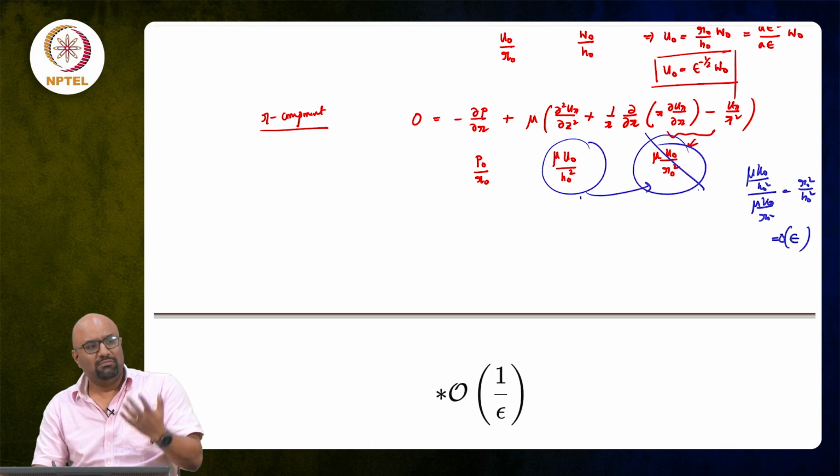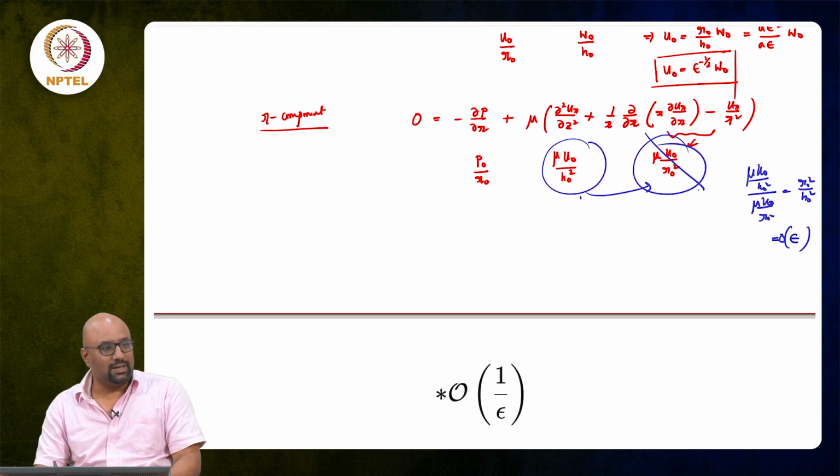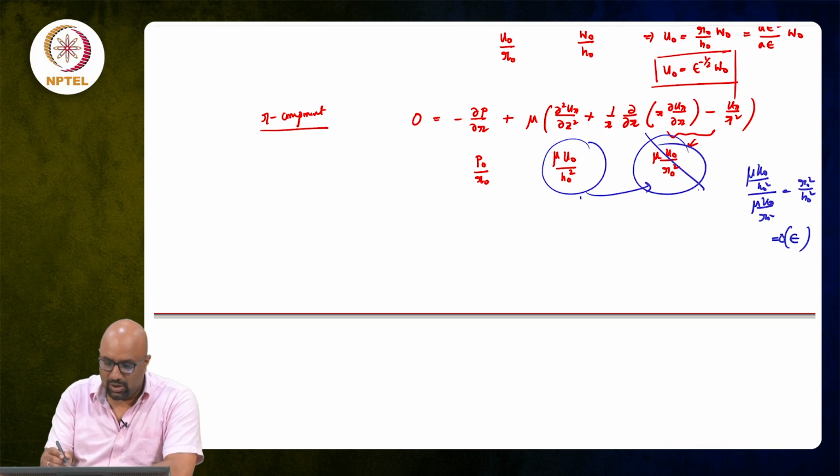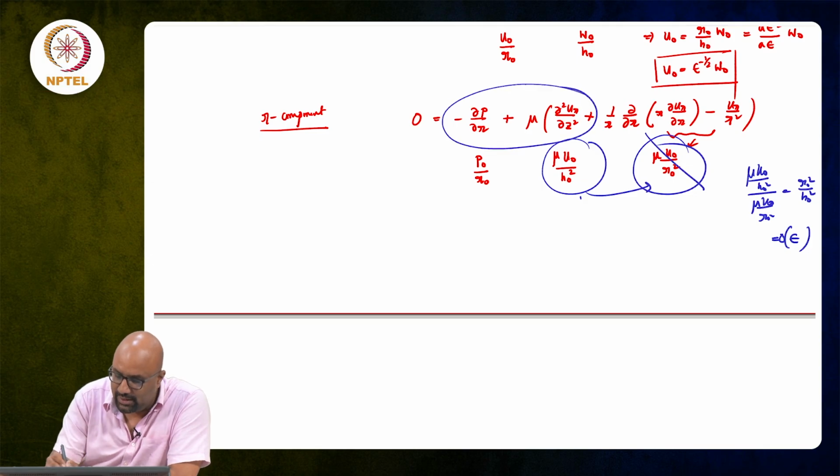This is again reminiscent of what you do in boundary layer theory. In boundary layer theory, when you are writing down your equation, the vertical gradients of the streamwise momentum equation survive over the streamwise gradients of the streamwise velocity or streamwise momentum. It is very similar in terms of what we are doing here. So, it becomes a balance between these two terms.